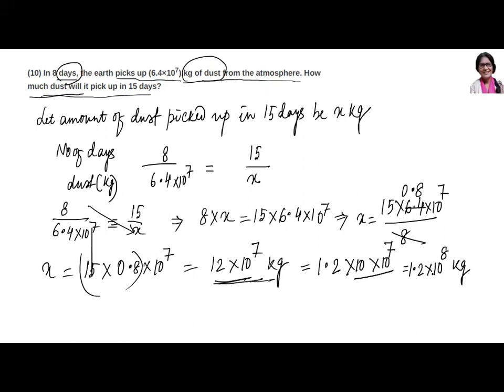No, it is not wrong, but this is more correct. So the answer is the Earth will pick 1.2 into 10 to the power 8 kg dust in 15 days. Can you imagine how much dust it is?